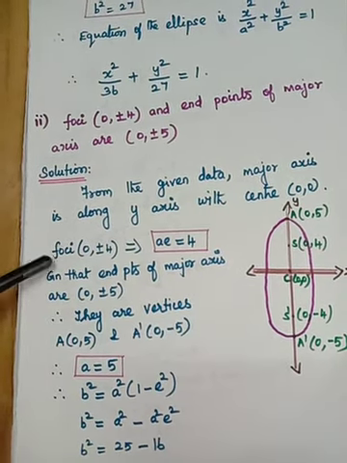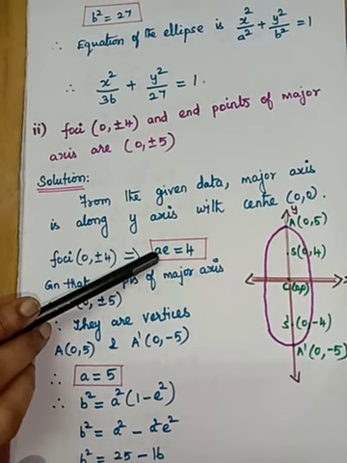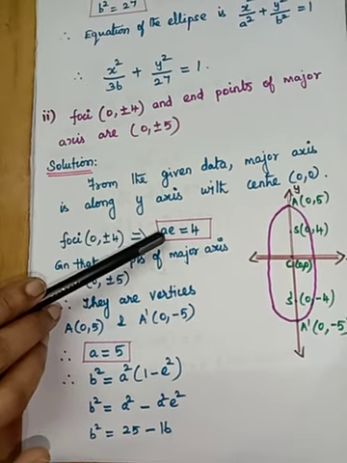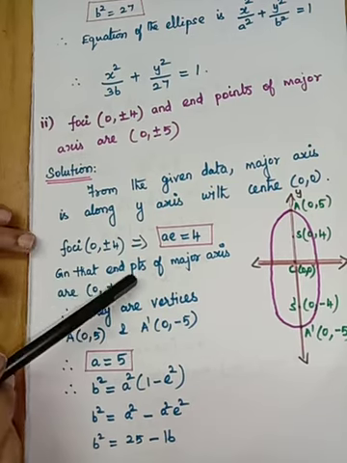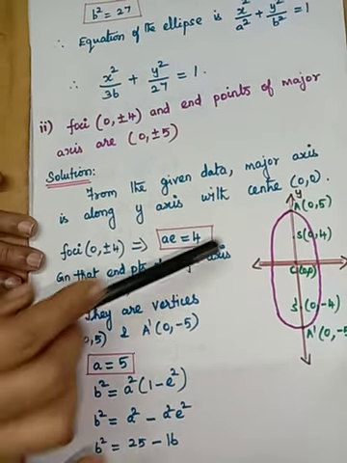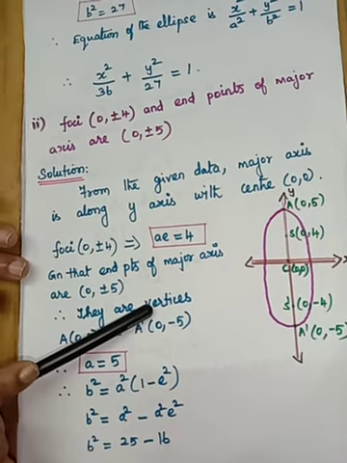From the foci, plus or minus 4, we can take it as ae, or otherwise you can mention c. Here I have mentioned ae. ae is equal to 4. The end points of the major axis are nothing but A and A dash. They are taken as vertices of the ellipse.